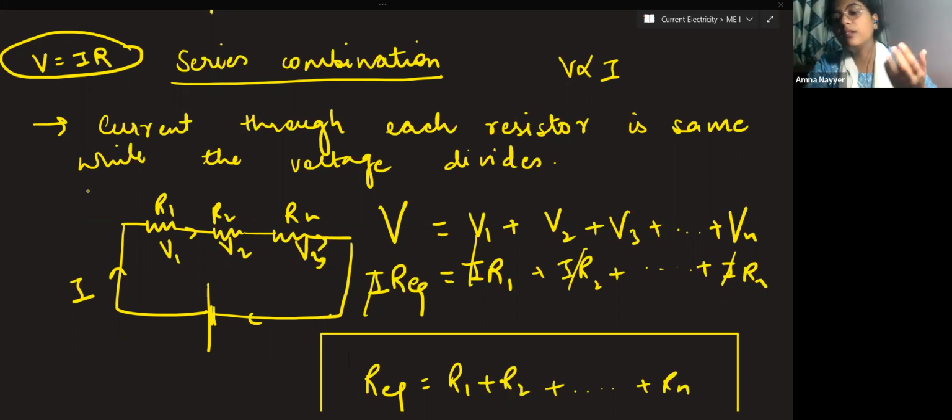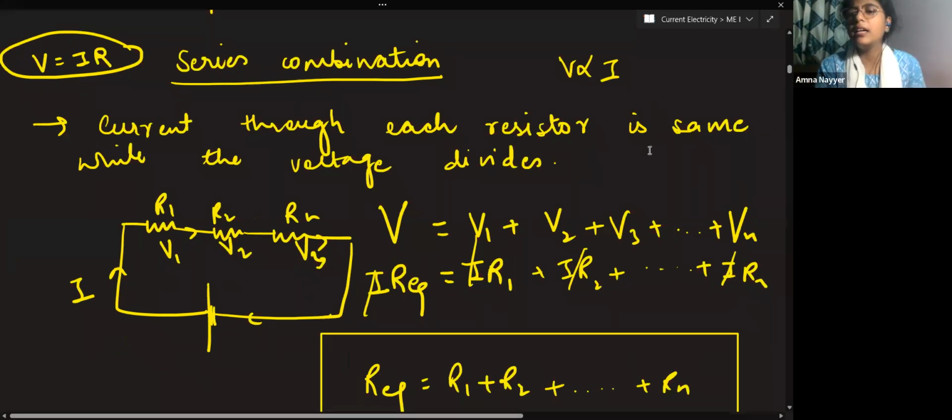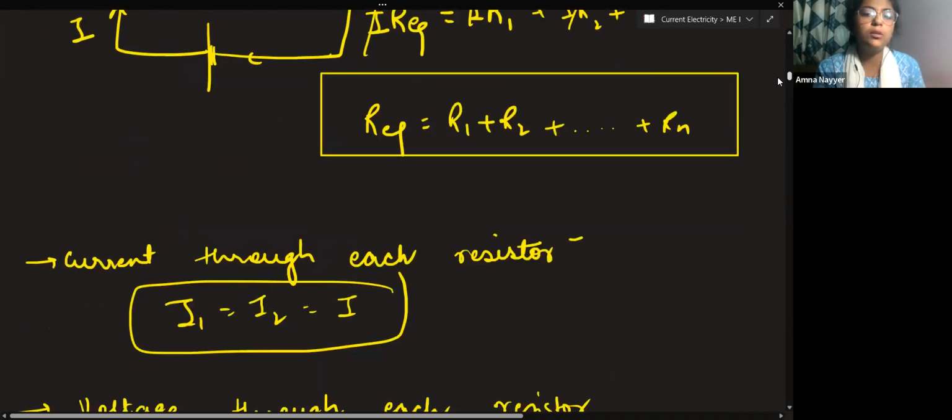Application of Ohm's law gets involved in your circuits. Clear? So here current is the same. The formula of equivalent resistance is basically to add all the resistances together: R1 plus R2 plus R3 plus R4 and up till Rn. Just keep on adding all the resistors. That was series combination, and we had done a very simple question. Complicated and tricky questions we didn't do in the last class.